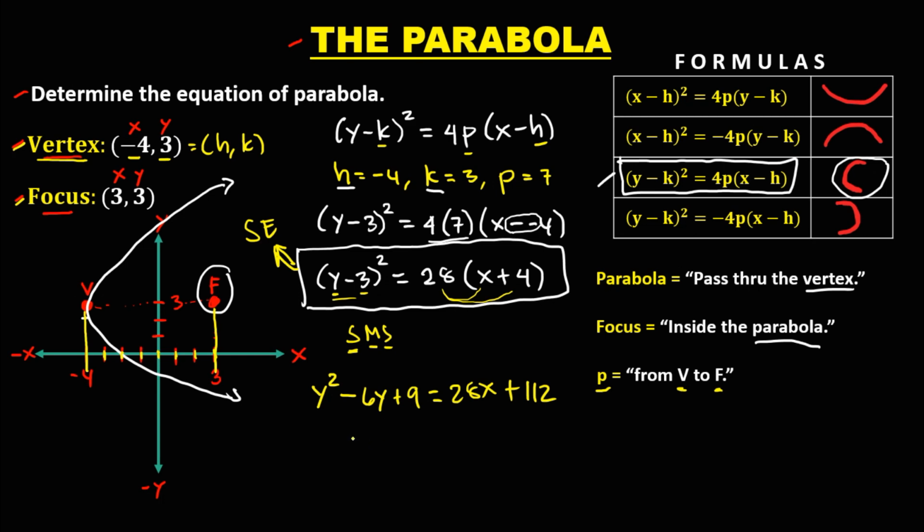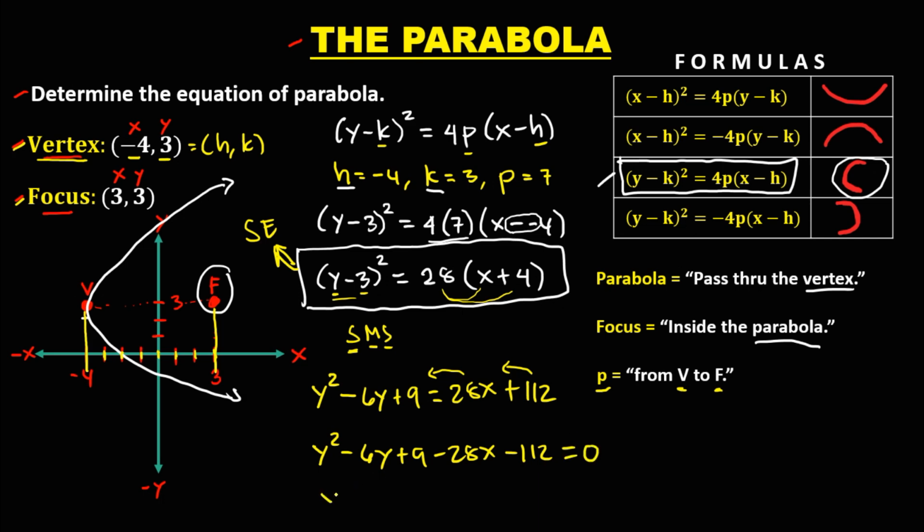Then equate this equation to 0, so we have y squared minus 6y, then plus 9, you transpose, that's negative 28x, transpose negative 112, then equals 0.